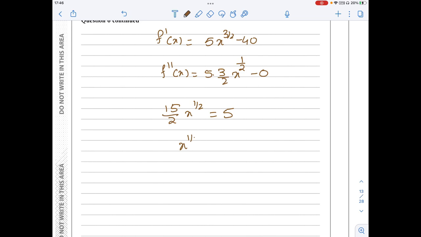So x power 1 upon 2 equals 10 upon 15, which is 2 upon 3. So x equals 2 upon 3 whole square, which is 4 upon 9. So the answer is 4 upon 9. So that is the value of x.